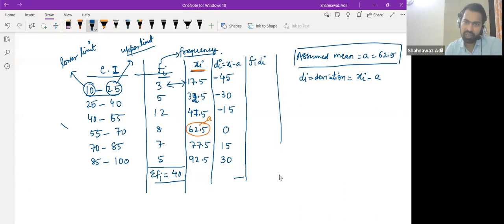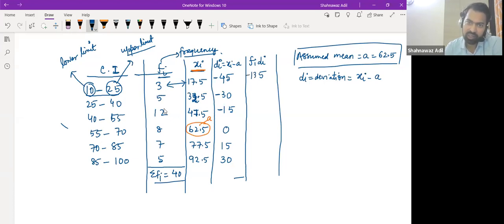And then you can see that multiplying these numbers is easy rather than these ones, right? So we have this 92.5 and we have this 30. So multiplying 30 with this one is easy, right? So then what would be this?